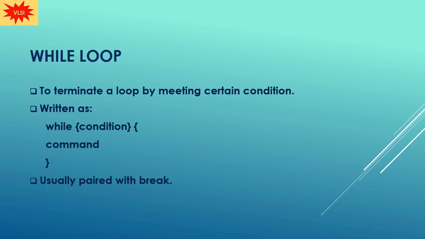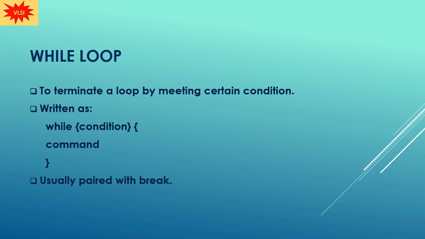However, if your condition itself terminates the loop, then by just meeting that particular condition, you'll be able to terminate the while loop. And you can stop the command after a certain number of iterations or after meeting a certain condition. I'll explain it in more detail when we look at the examples.